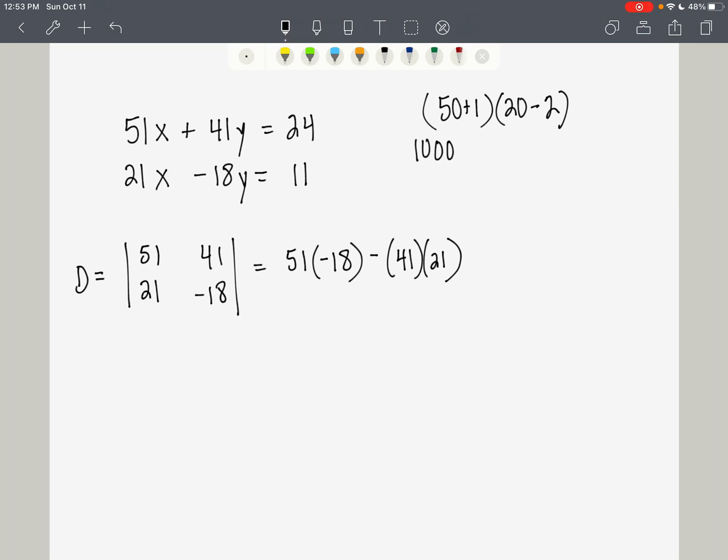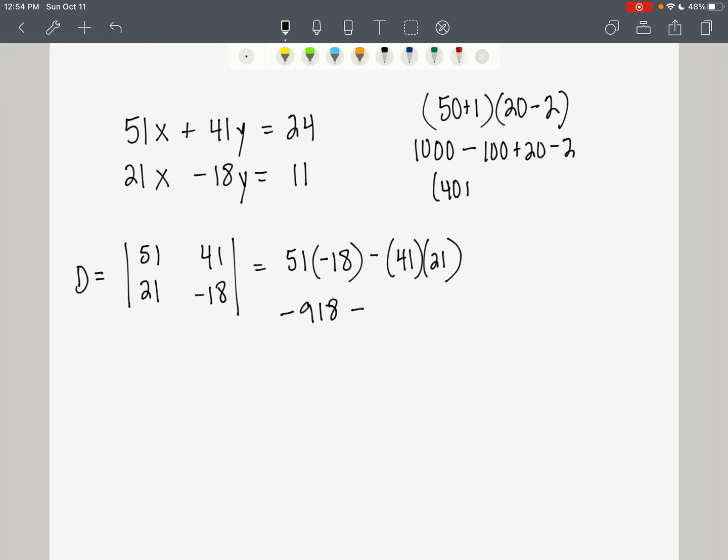So I've got 1,000, and then I'm going to have minus 100 plus 20 minus 2. So 1,000 minus 100 is 900, plus 20 is 920, and then minus 2 is 918. And that would be negative because a positive times a negative is a negative.